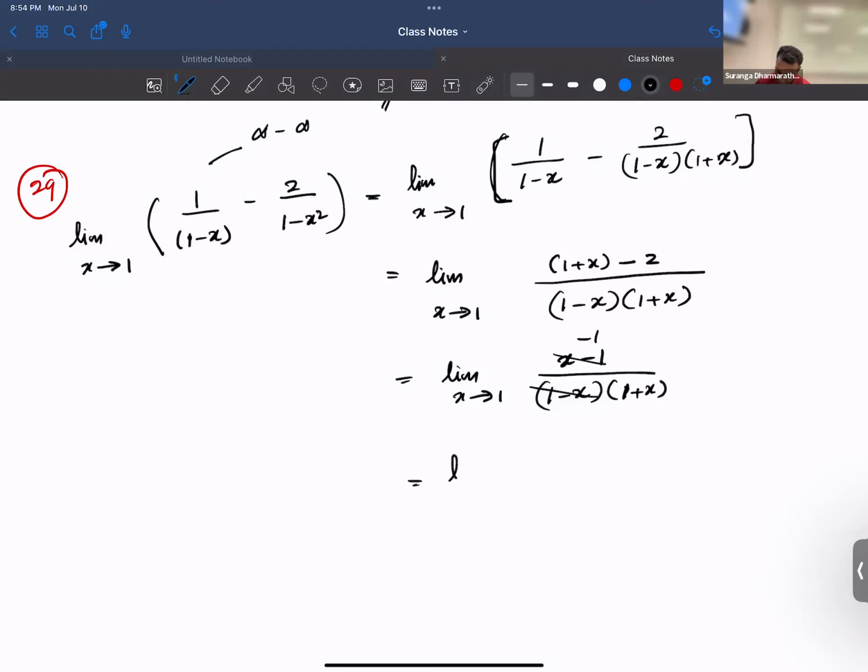And then this is the limit as x goes to 1 of negative 1 divided by 1 plus x. And now I can do substitution. It's negative 1 over 2. Okay, are there any questions?